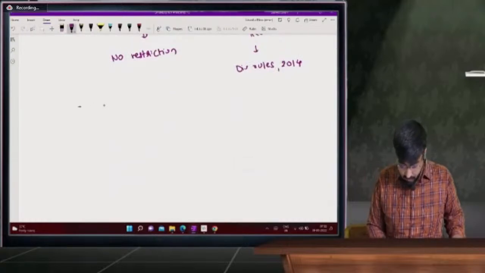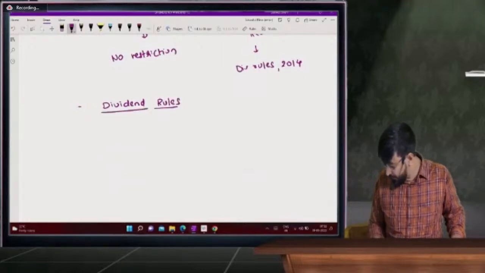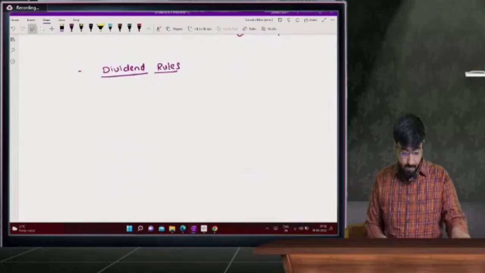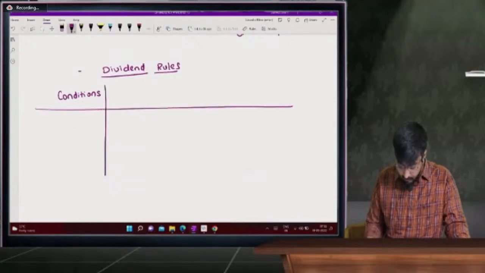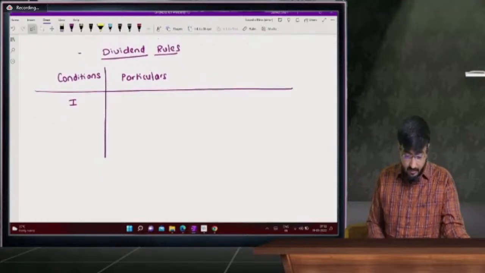Second one, write down dividend rules. Conditions. Condition number 1.